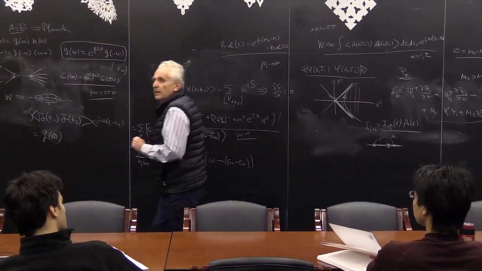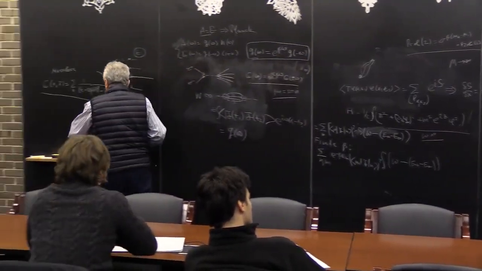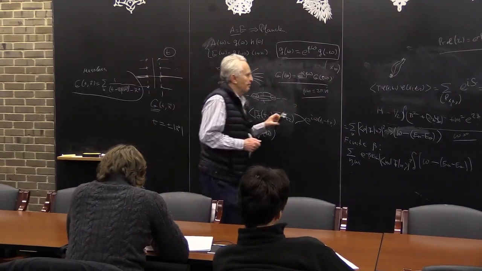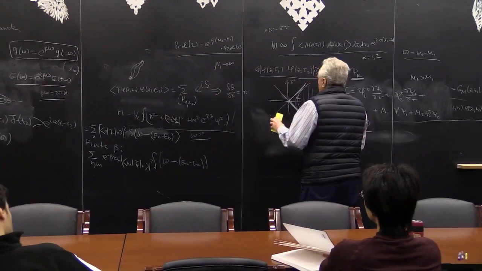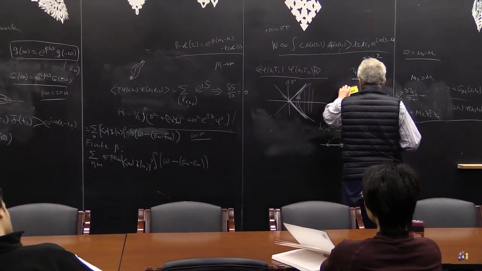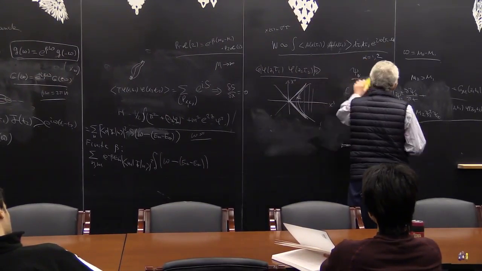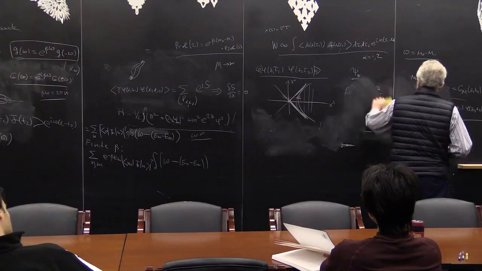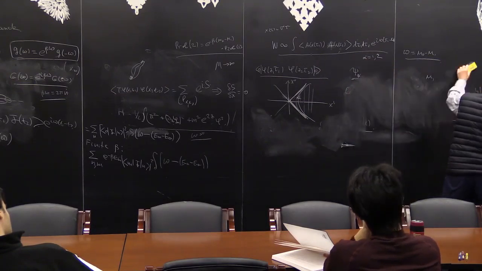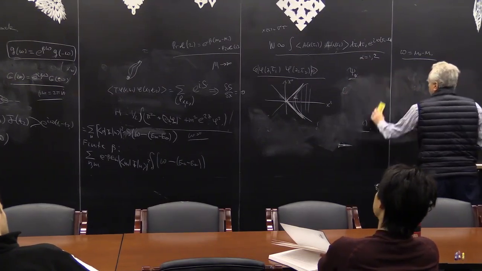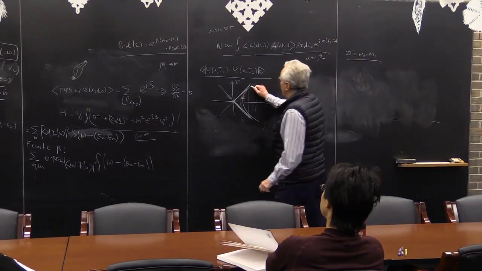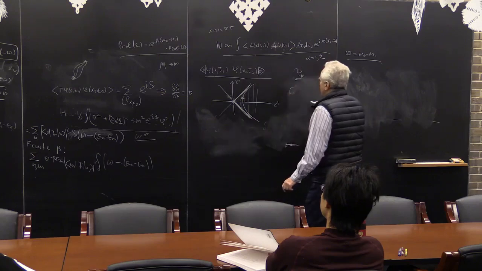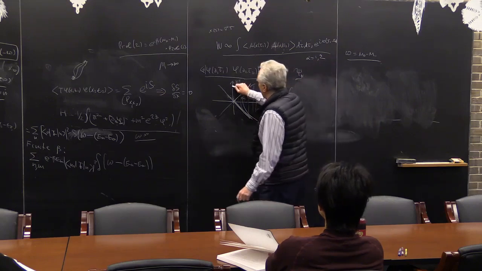Okay, now let's look at the black hole case. It's very similar, and I shall explain why. When we have the black hole, we have two observers.